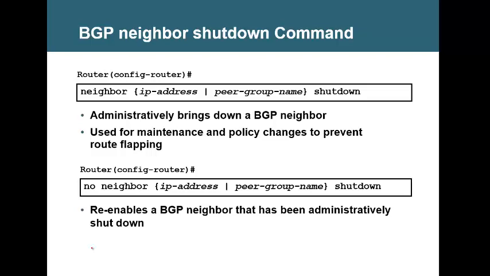Without flapping also there is another option, the clear bgp soft command. We call it BGP reset. It must be coming in the same chapter in the end. We'll see that. But again, I'm telling you, this shutdown, I've not seen many people using it. We use another command called clear ip bgp star soft.